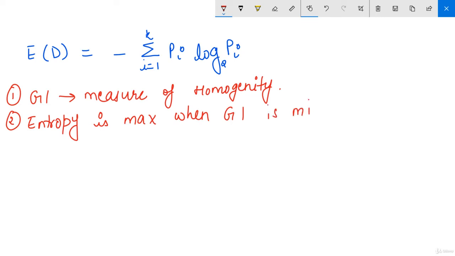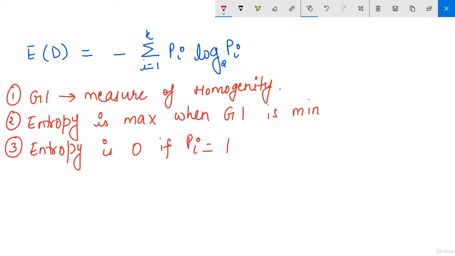Like I have explained, they are inversely proportional to each other. Third point, entropy is 0 if the probability is high, like 1. So obviously entropy will be 0.